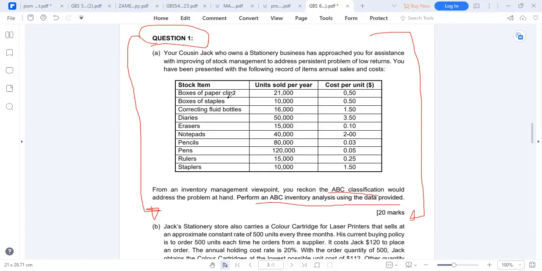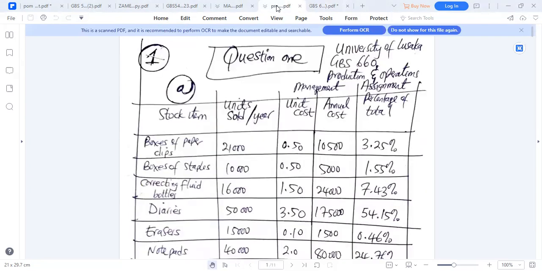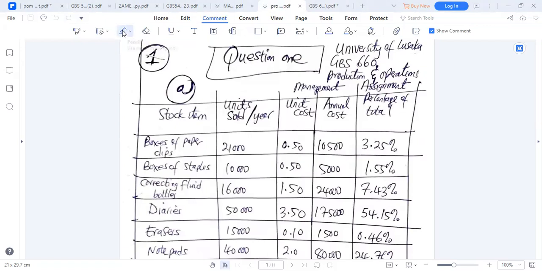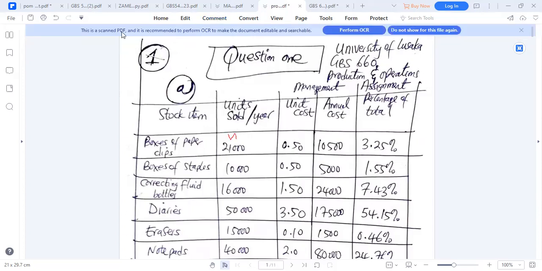So now getting down to the solution, we can now get down to this one as a solution. So what we're trying to simply say is that the paper clips are 21,000. These are units.